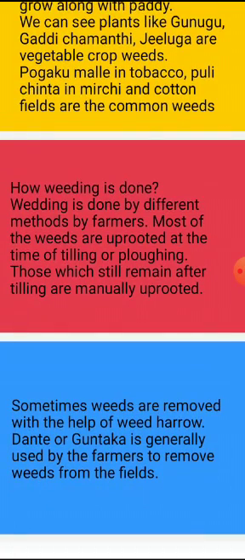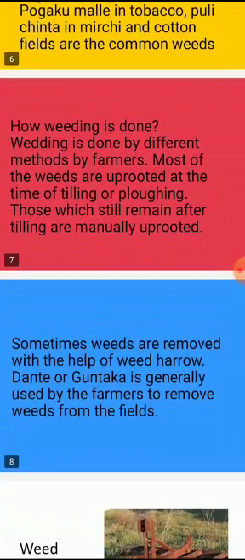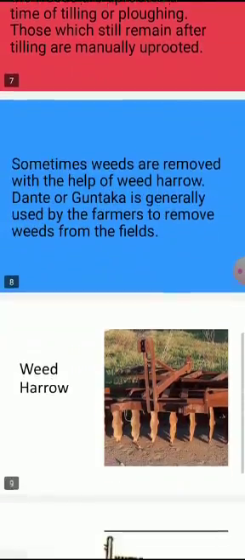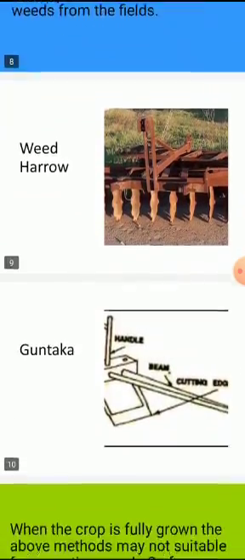Sometimes weeds are removed with the help of a weed harrow. Khurpi or guntaka is generally used by the farmers to remove weeds from the fields. Dear students, look at these figures. One is the weed harrow, the second one is the guntaka.